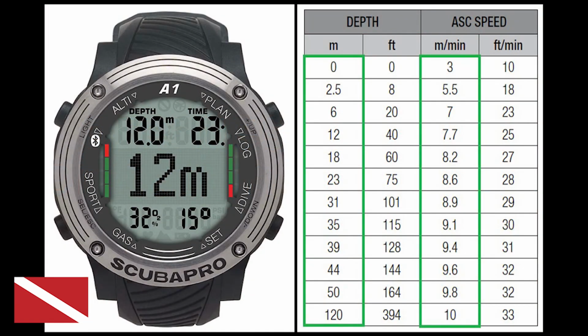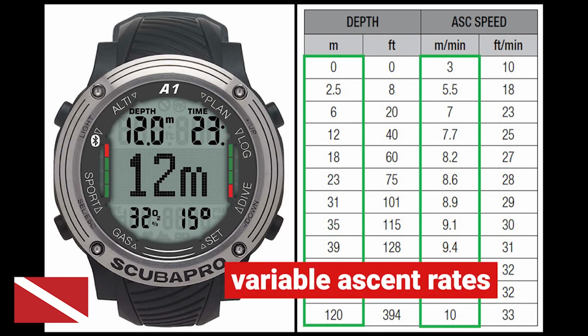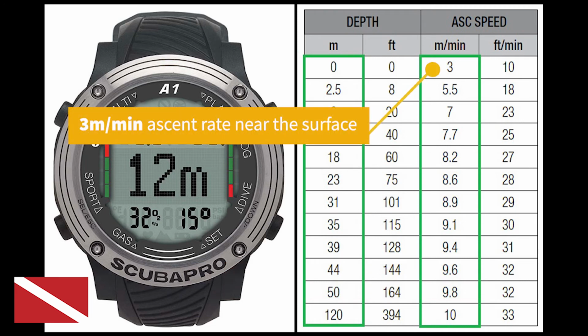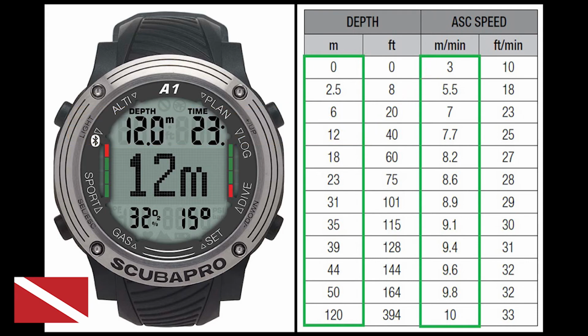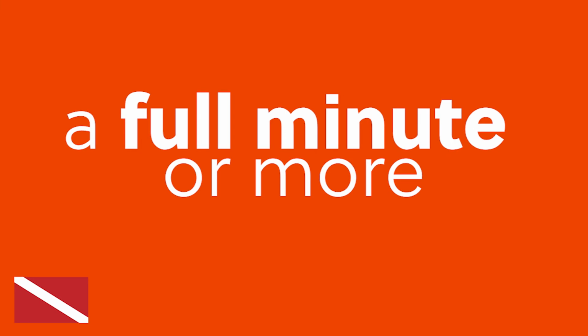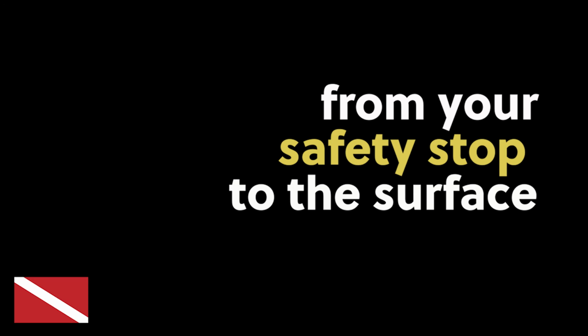Some of the newest dive computers now allow for variable ascent rates, from around 9 meters per minute when ascending from depth to as slow as just 3 meters per minute as you ascend from your safety stop to the surface, as they try and limit this microbubble formation. It should generally take you at least a full minute or more to ascend from your safety stop to the surface, this being the most dangerous space for bubble formation.